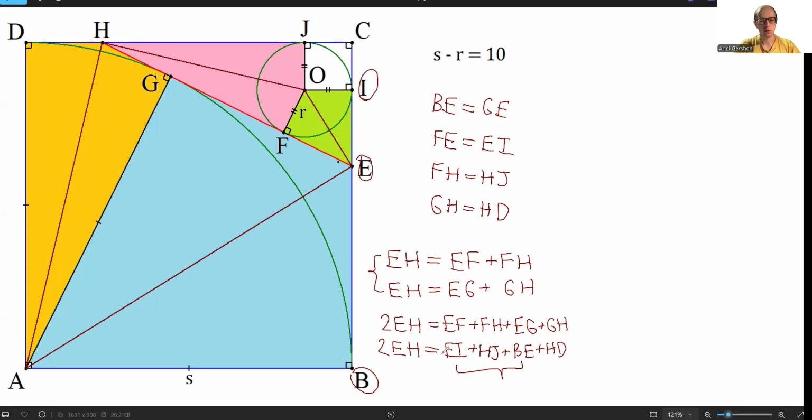So that means that EI plus BE can be rewritten simply as BI. And similarly with HJ and HD, those three points are all collinear, and HJ plus HD equals simply JD. So let's rewrite that equation up here.